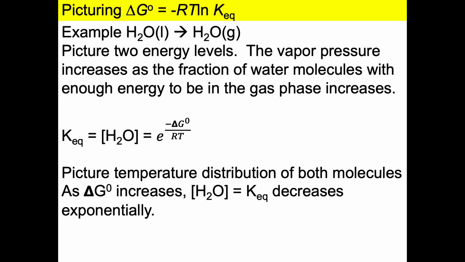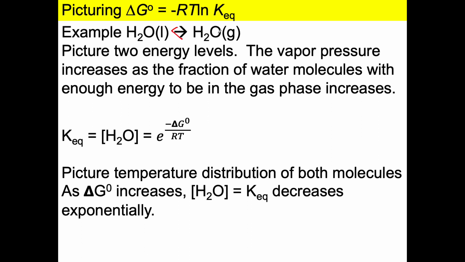Let's see if this will help us picture this relationship we just came up with, that the standard Gibbs free energy change for a reaction is related to its equilibrium constant. We're going to look at this reaction: liquid water is in equilibrium with water vapor.